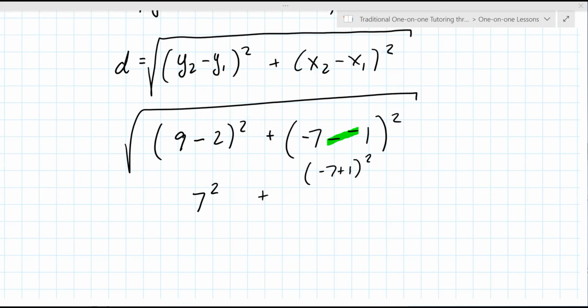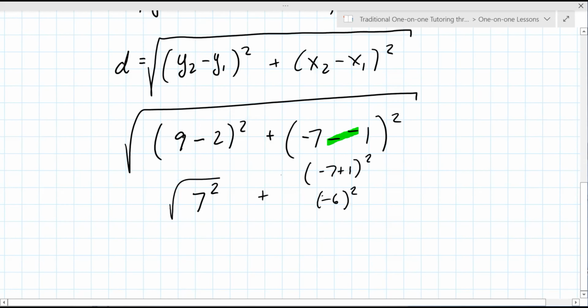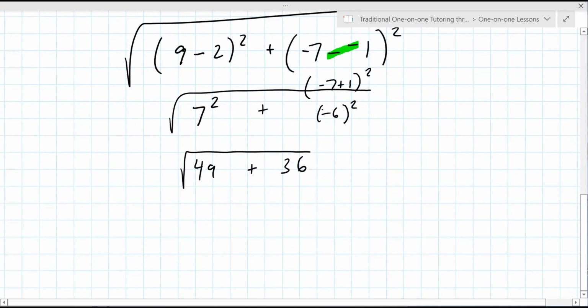Now, -7 plus 1 is -6. Okay, very good. So now we just have to add these two numbers together. So 7 squared is 49, -6 squared is 36, and we add those together, and this gives you the square root of 85.